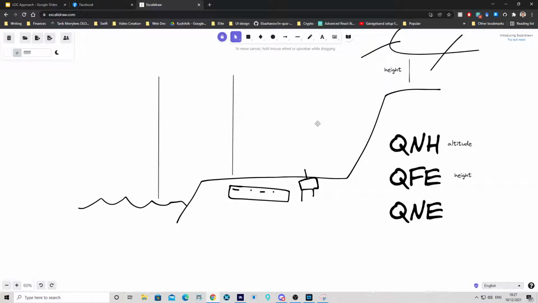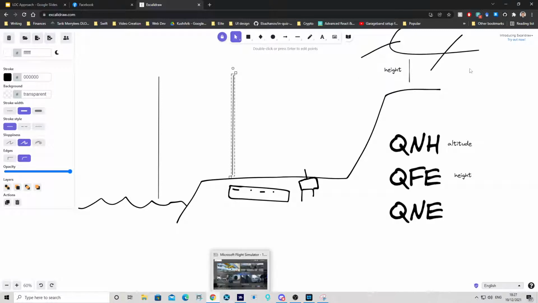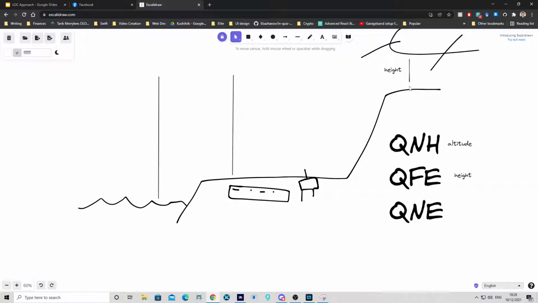So the altimeter gives us nothing more than our vertical displacement from a selected pressure datum. When I set the QFE, I've selected the pressure datum at the airport, and my vertical displacement from it is going to be this. So my altimeter might be indicating 3,000 feet, but my vertical distance from the terrain directly below me might be 200 feet. This is really important to differentiate.